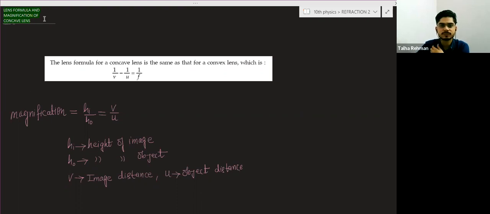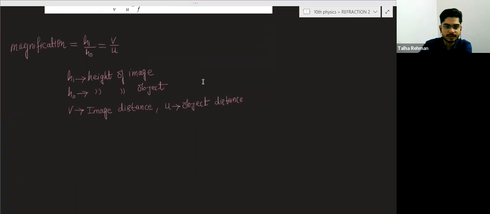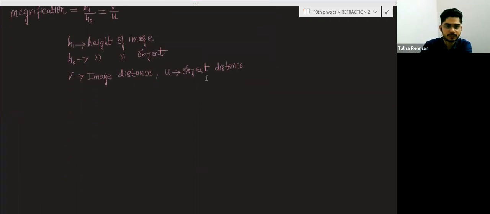Done. So this formula and this formula you should know. And I am adding one more point.